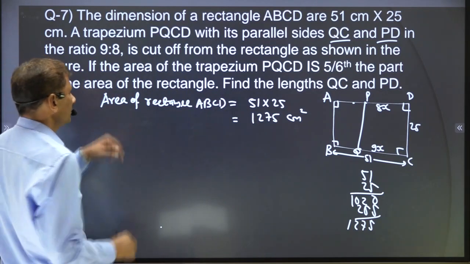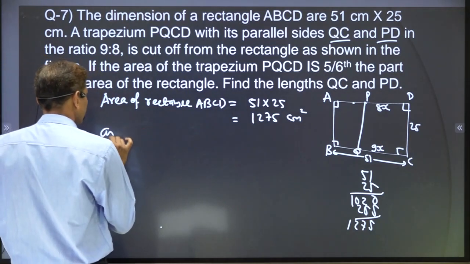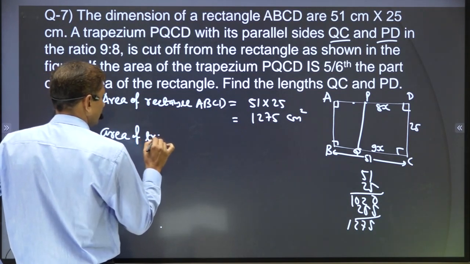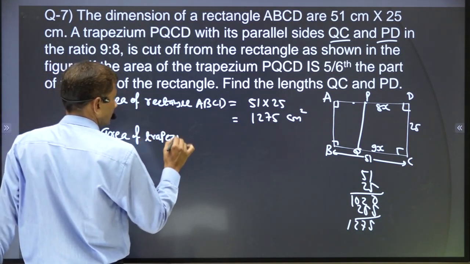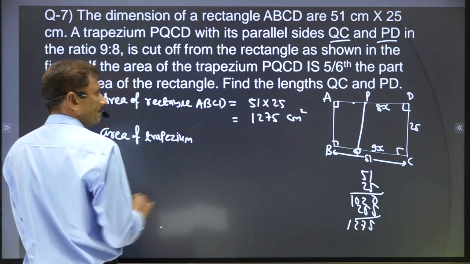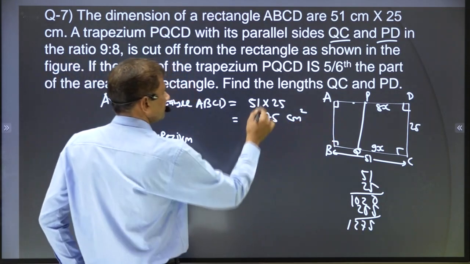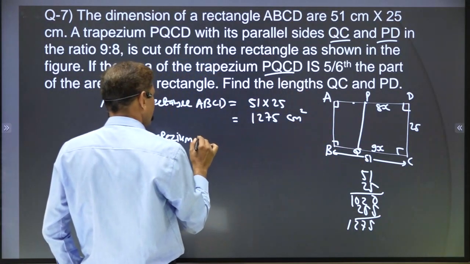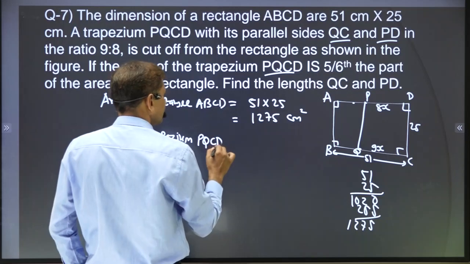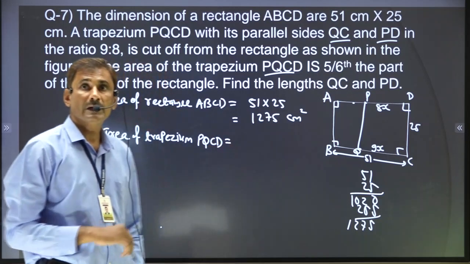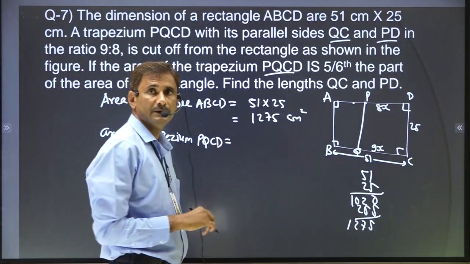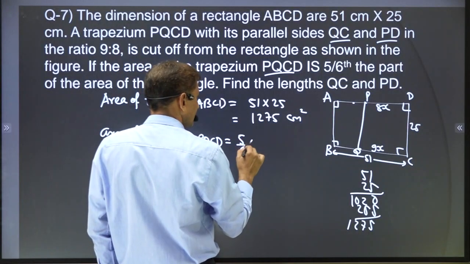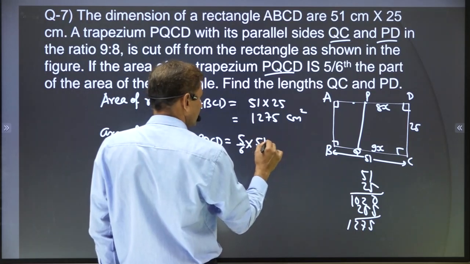Now the area of the trapezium. Which one is PQCD? Okay, PQCD. Anyway, you can give the name. So how much is it? 5/6 part of that. So 5 by 6 into 51 into 25.